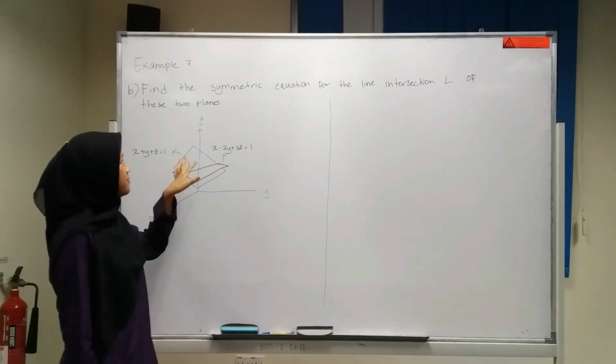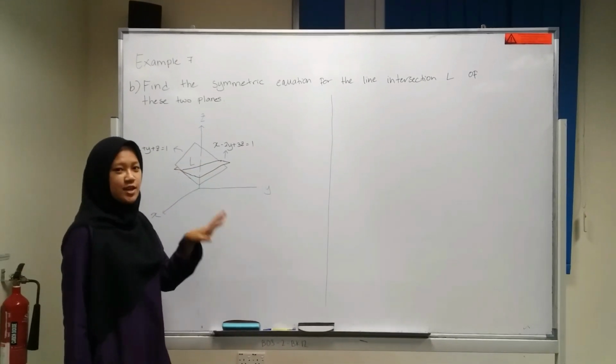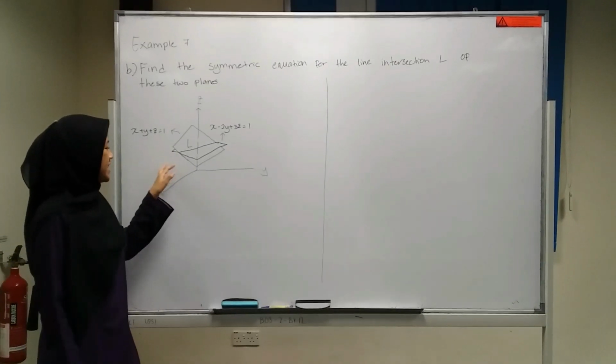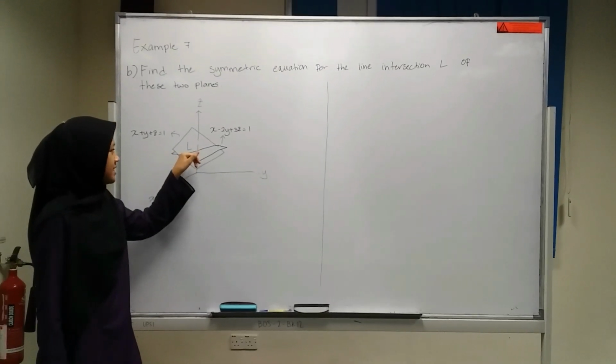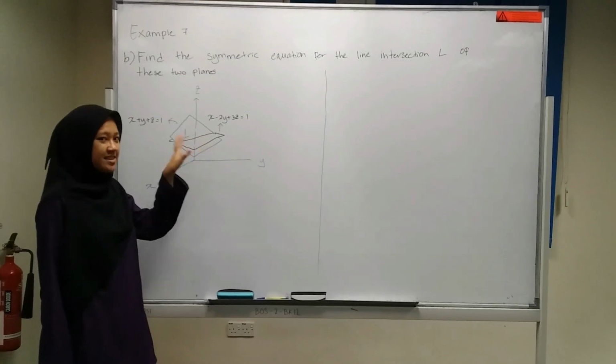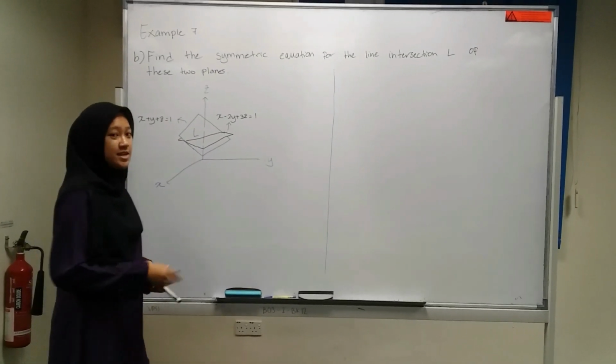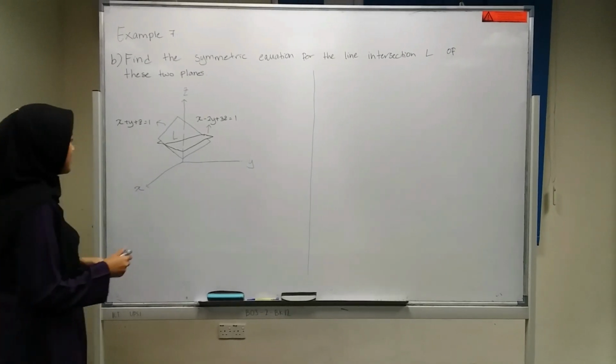Before we find the symmetric equation, first we need to find a point on this line. We can find the point where the line intersects the xy plane by setting the value of z equal to 0.